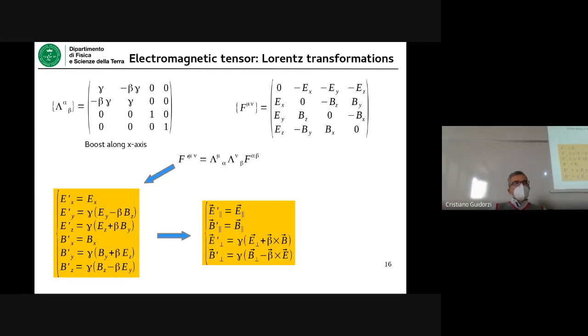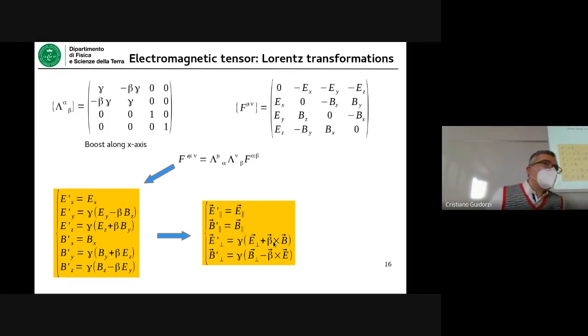And now you can look at the description of what happens, and you immediately see why relativity provides a much more homogeneous description. Even if in one reference frame you don't have any electric field, in the other frame you have an electric field just due to the motion with respect to the magnetic field.